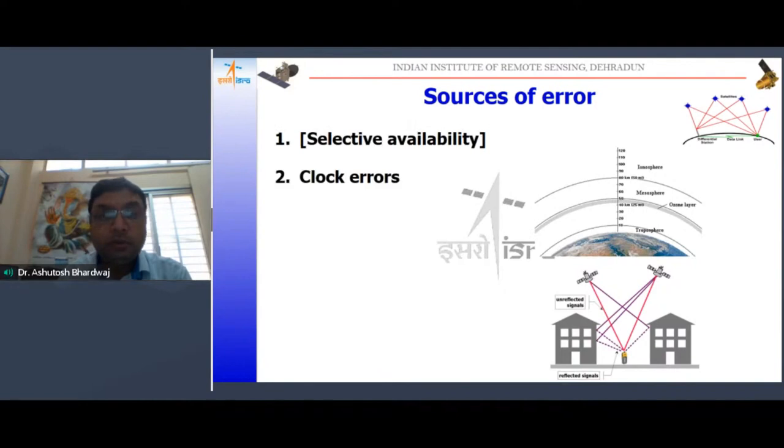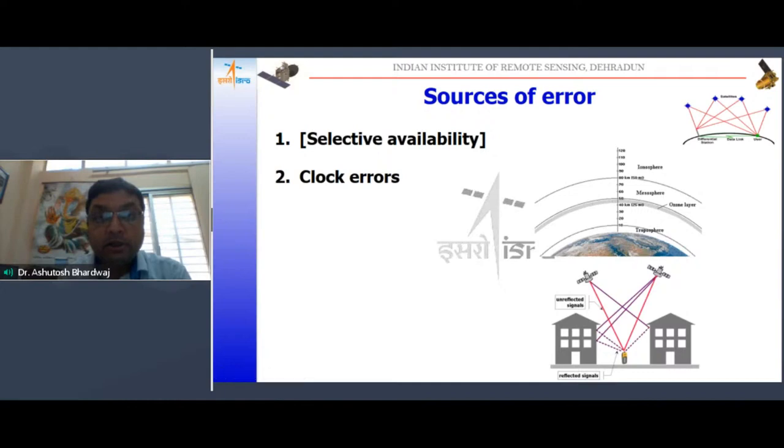There are different sources of errors like selective availability, which was a intentional error incorporated into the signals by the US agencies so that the users do not get best quality signals. So that was the case till 1st May 2000. Thereafter, this selective availability, which is referred as SA, this has been disabled.